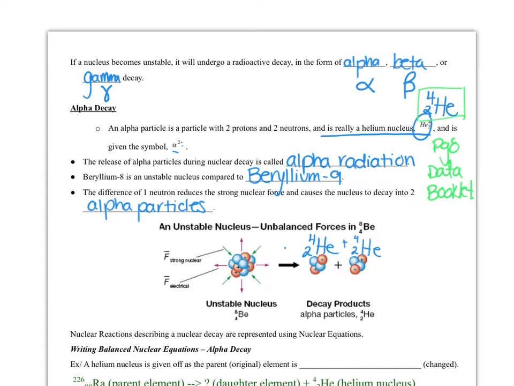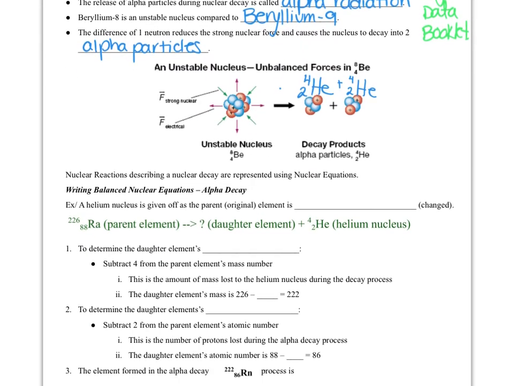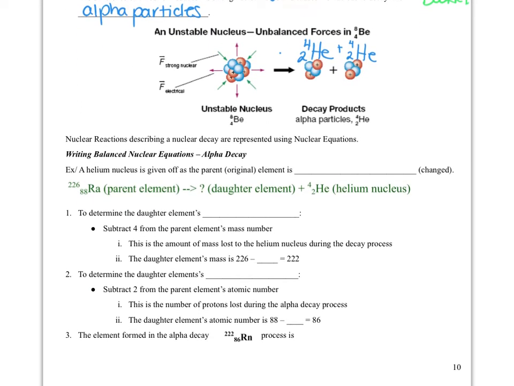So let's take a look at one other example here. We will write the balanced nuclear equation for alpha decay of radium. So a helium nucleus is given off of the parent as the parent or original element is transmuted.